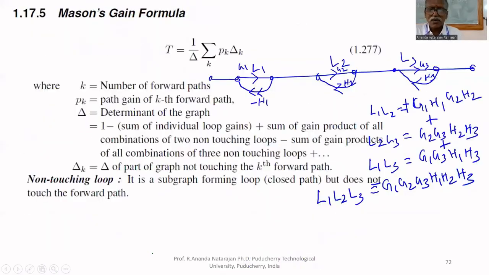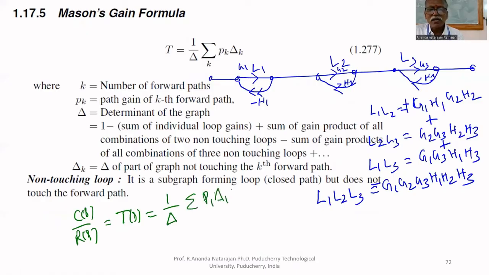Let us combine. What is the formula? Mason's gain formula: T of S, that is C of S upon R of S, the transfer function, equals 1 by delta times the sum of P1 delta 1 plus P2 delta 2.